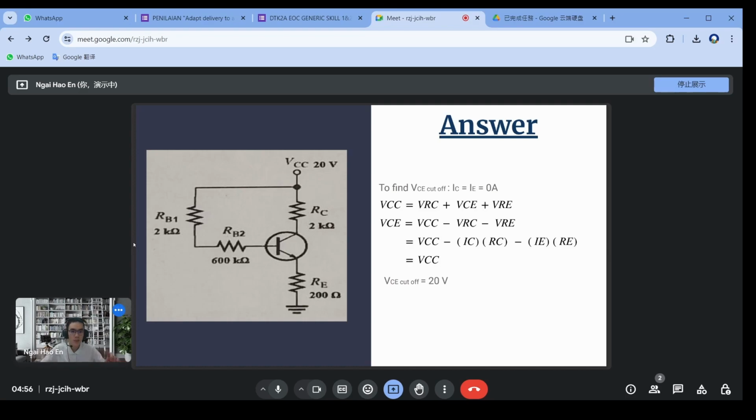We can see that VRC and VRE have IC and IE, and both of them are equal to 0, so we can ignore those parts and only VCC is left. So the VCE cutoff is equal to VCC, and the VCE cutoff is equal to 20 volt.